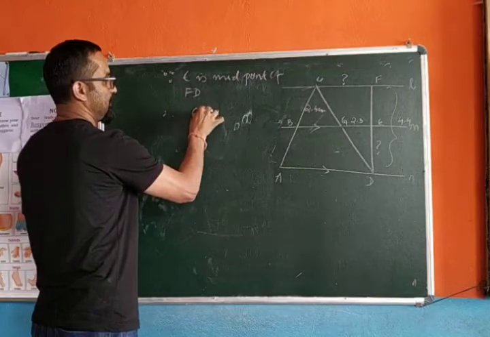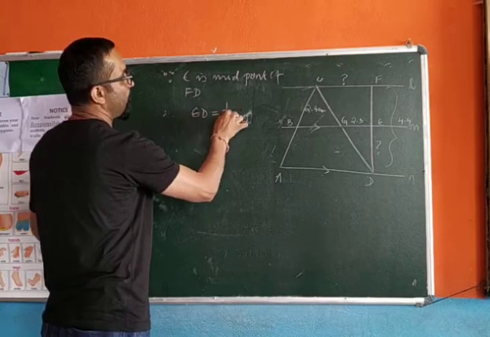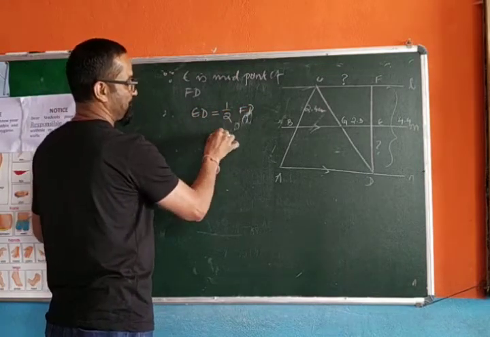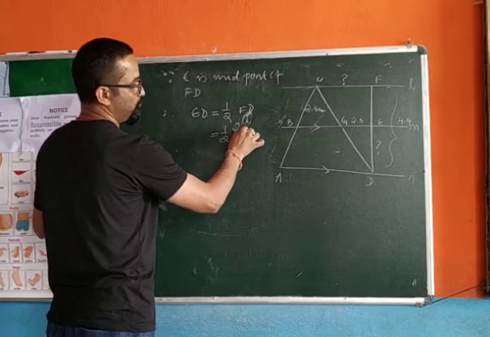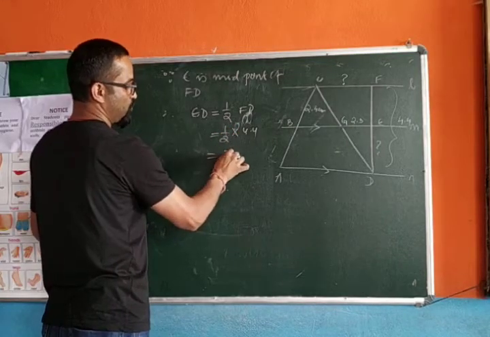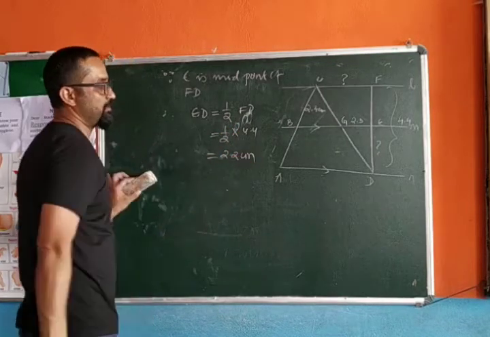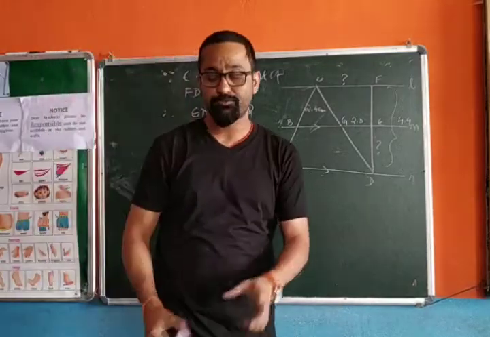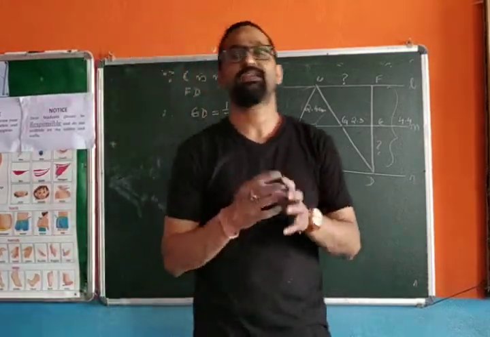Therefore, ED is half of FD, half of 4.4, 2.2 centimeter.